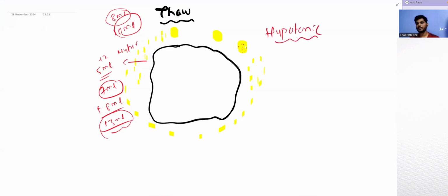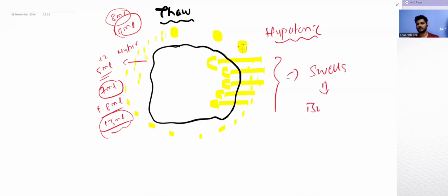Right? So when this becomes hypotonic, you can understand that all the fluid will rush back inside. When this rushes back inside, it will make the cell swell, and when the cell swells, it will burst out. And this leads to cell lysis.